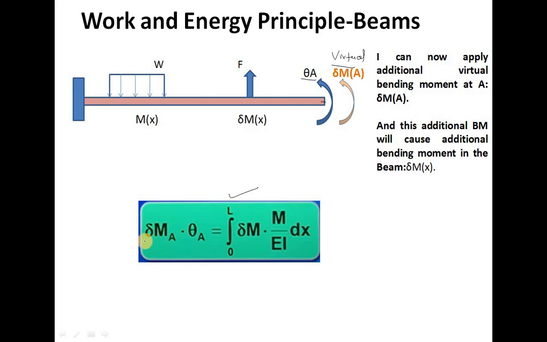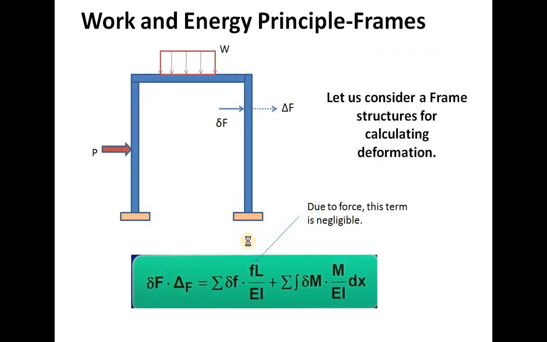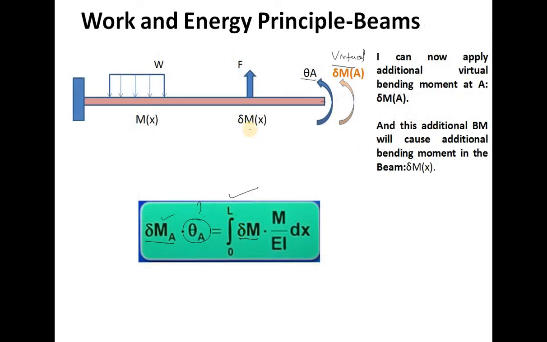Now this delta MA is the virtual moment which you have applied, and this is the slope which you want to find, integration from 0 to L. This delta M is actually the moment developed in the beam because of application of this virtual moment, and this M is the moment developed in the beam because of the external loads.